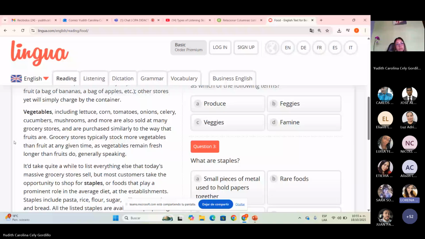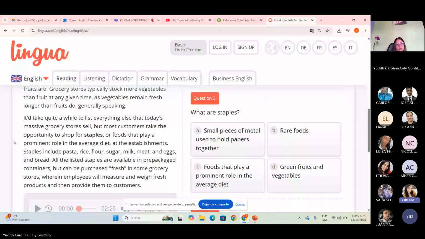It would take a while to list everything else that today's massive grocery stores sell, but most customers take the opportunity to shop for staples, or foods that play a prominent role in a varied diet.